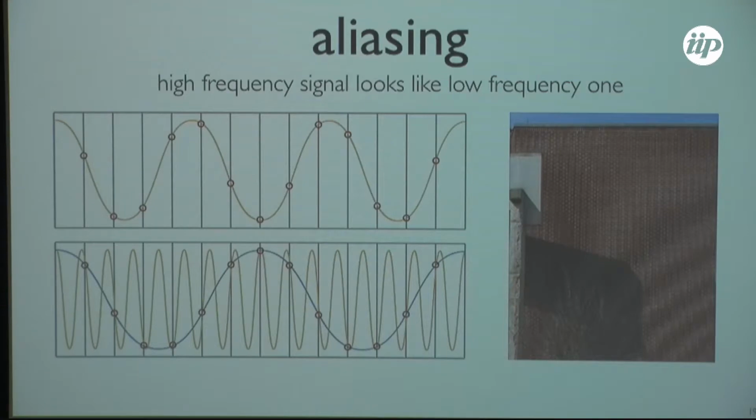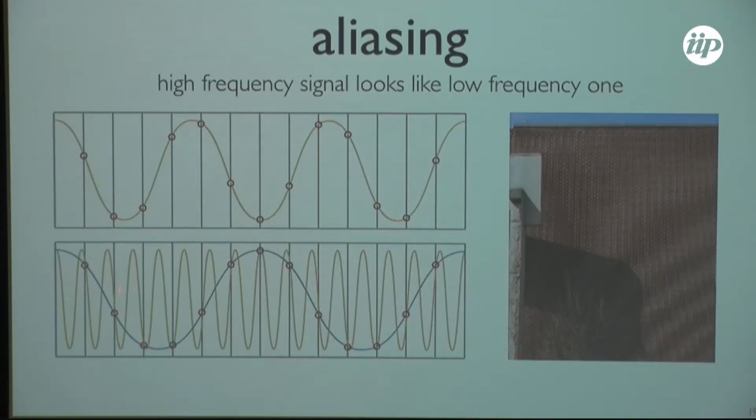So for example, let's see. Here you see we have a sinusoid that's evolving, that has a long period, and we're sampling it at intervals marked by the circles, and this is fine. So this is enough sampling that we can reconstruct the signal well. But if the signal had a higher frequency, then we would be missing the ups and downs in between, and we would be sampling this way.